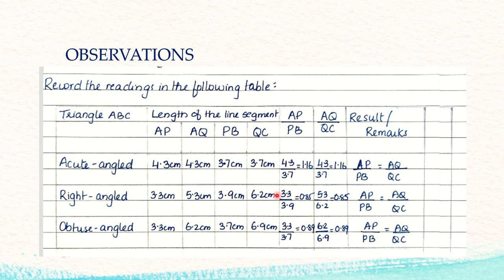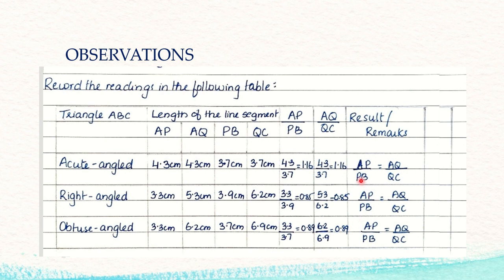Why do we convert the ratio into decimals? When you look at these ratios, you will not be able to identify whether the values are equal or not. So when you convert to decimals, you will identify that the ratios happen to be the same. At least up to two places of decimal, the ratios are supposed to be equal to confirm that the activity is proved.